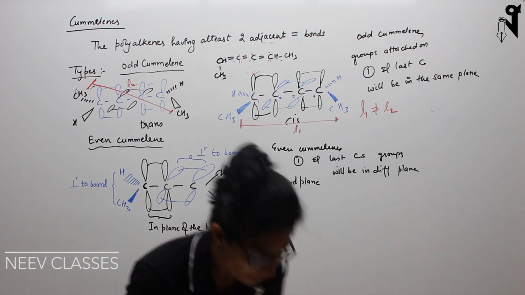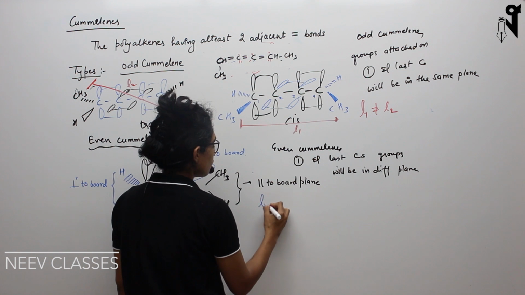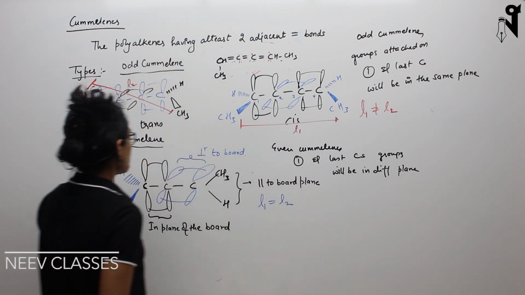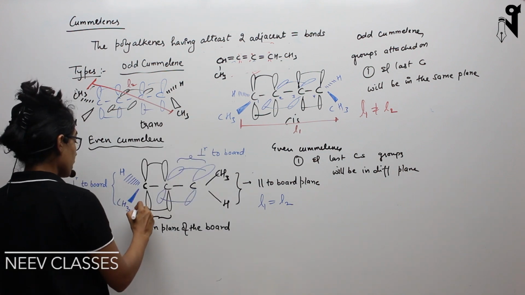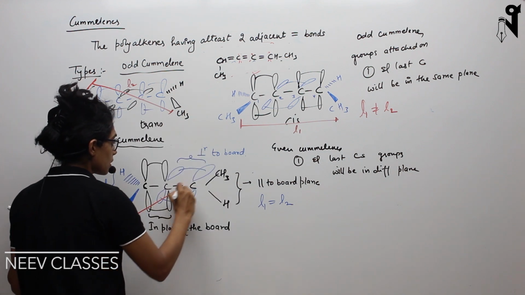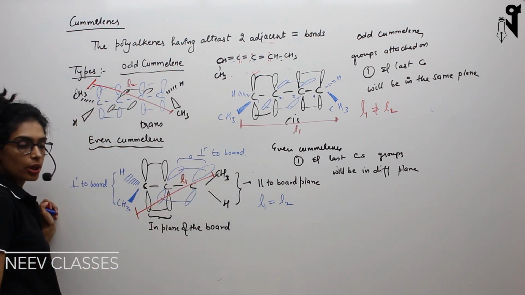So in case of even cumulenes, what we have seen is L1 is equal to L2. I am drawing it in the same diagram, you have to draw it in a different diagram. So this is your L1, the distance between one CH3 and another.